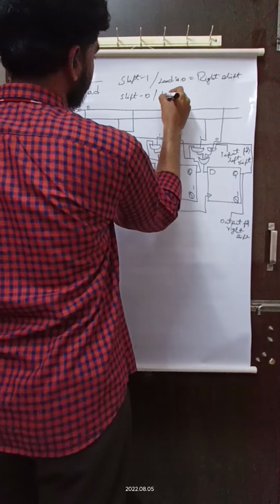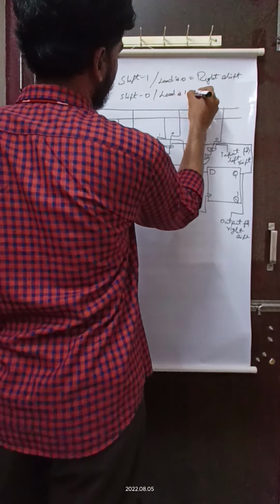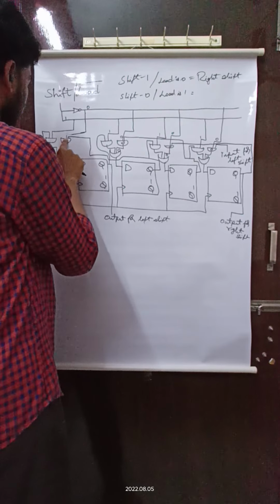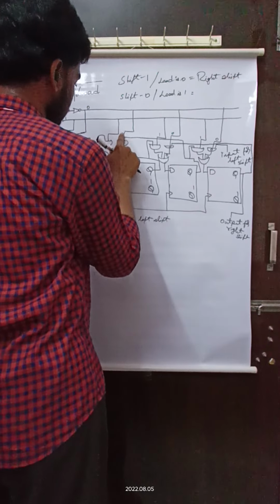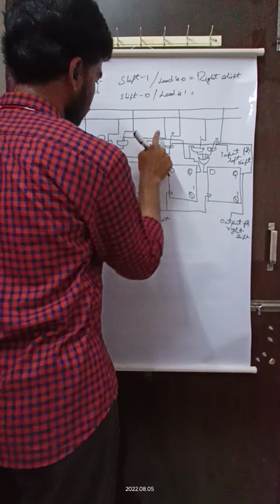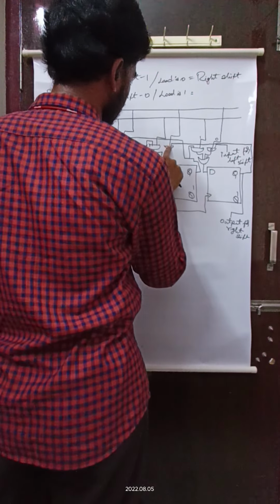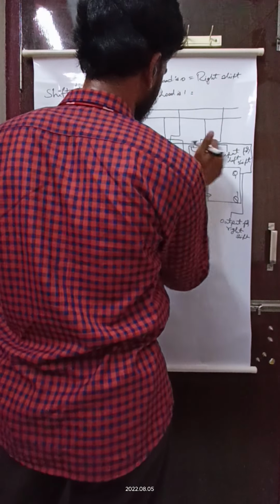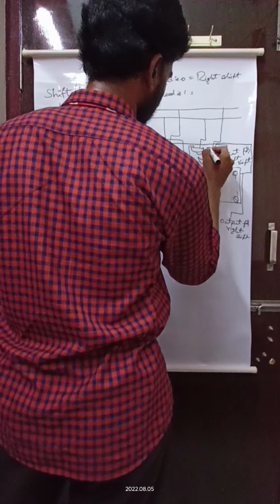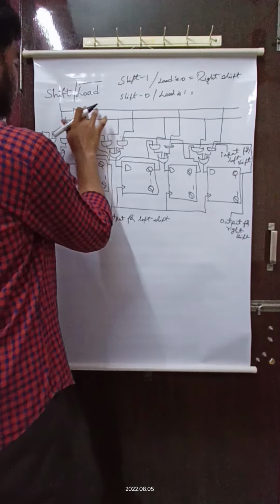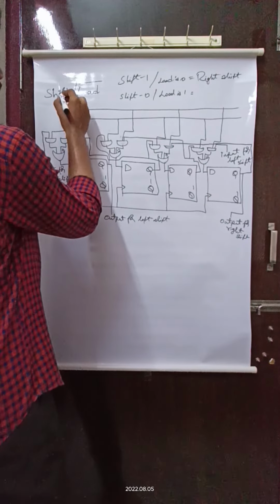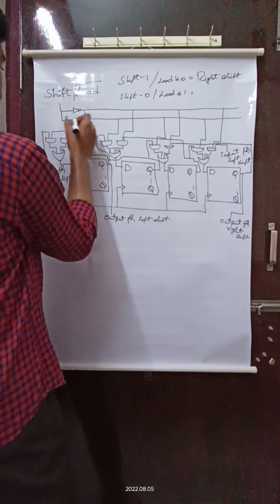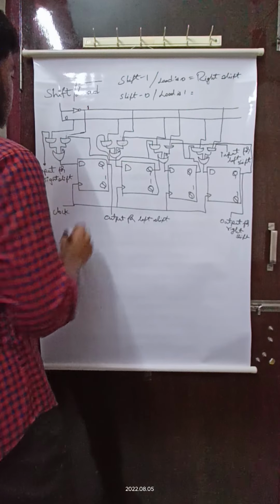When the shift is given as 0 or the load is 1, the positive terminal is 0 and the NOT gate is 1.